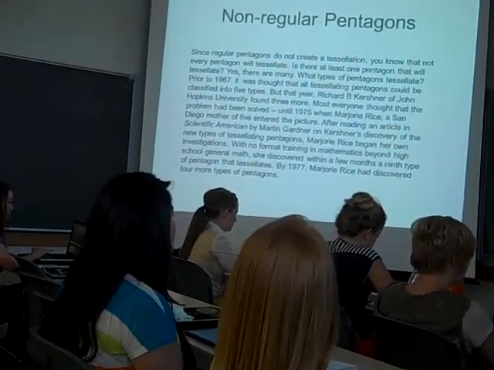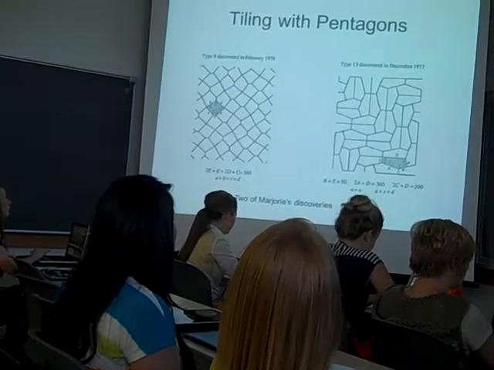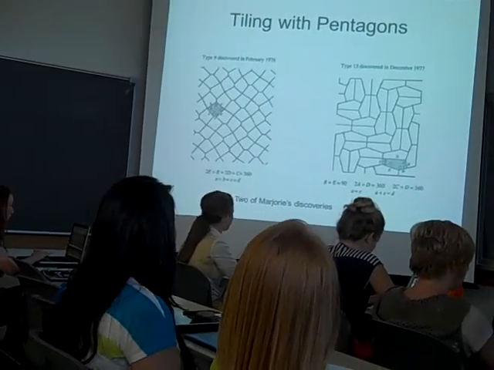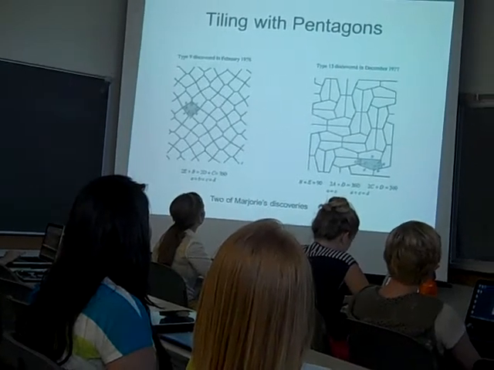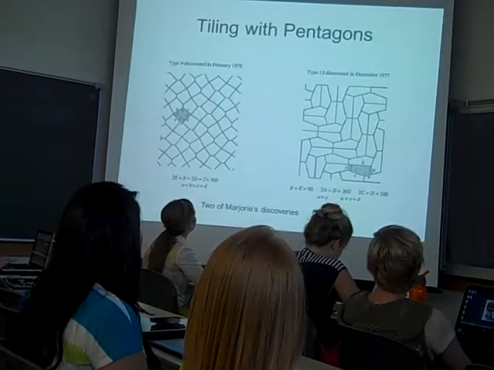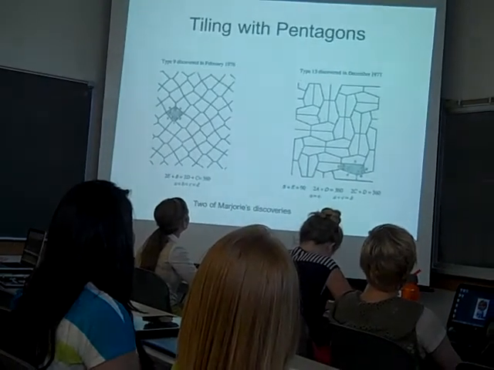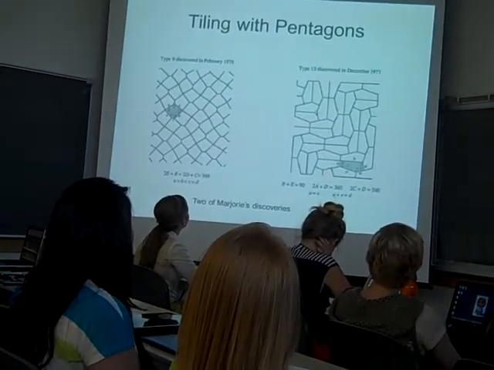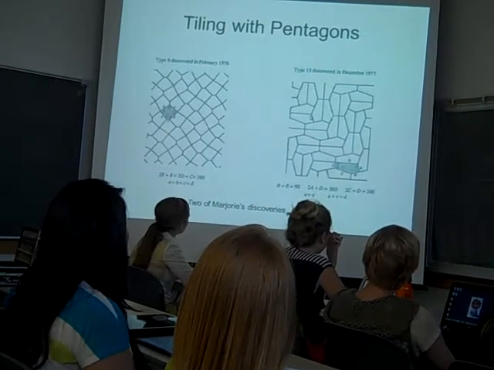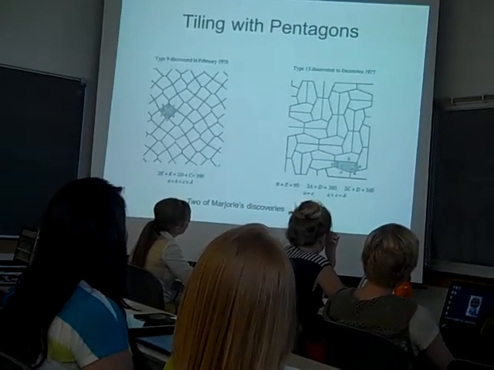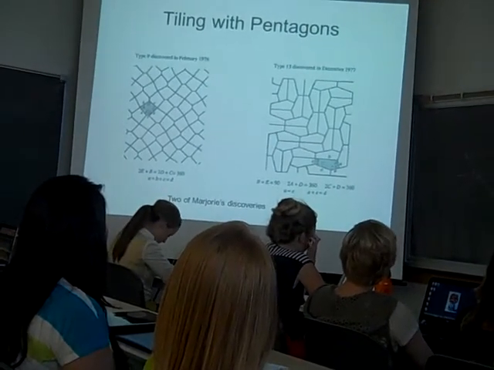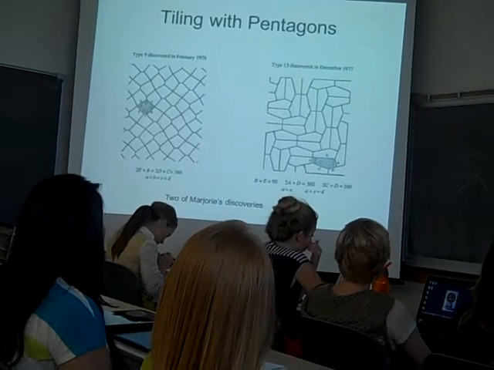I love this story. Here's her 9th type and her 13th type. Notice they're pentagons. But Catherine, you'll notice right around this vertex, those 3 coming together have to add up to 360, no matter how we do this.